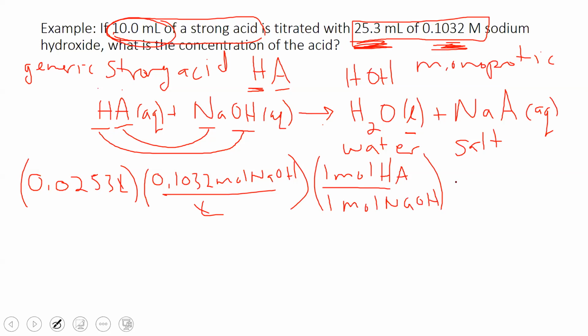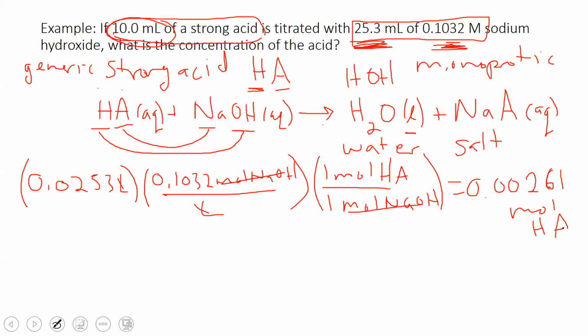From that, you can figure out how many moles of acid there were in that original solution. In this case, 0.00261 6 moles of HA.